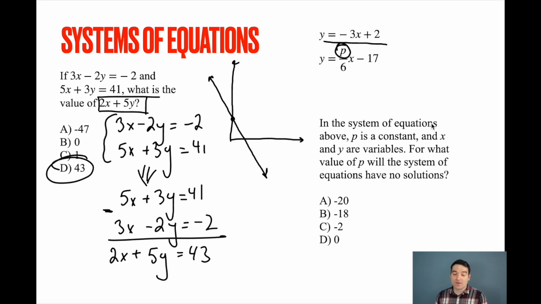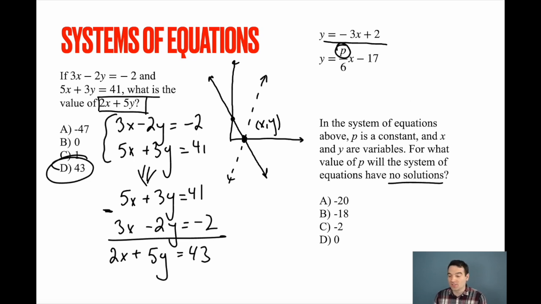So if I were to draw another line like this, I don't know what p is, but if the other line looked like that, the xy solution to that system would be at the intersection point. So another way of saying this is, for what value of p will these equations not intersect?